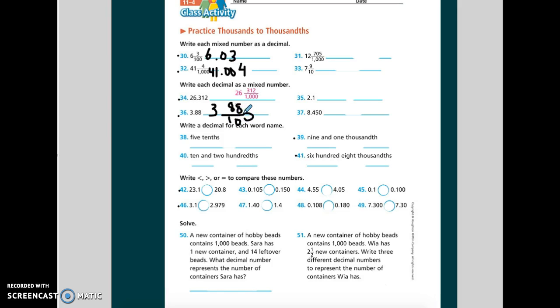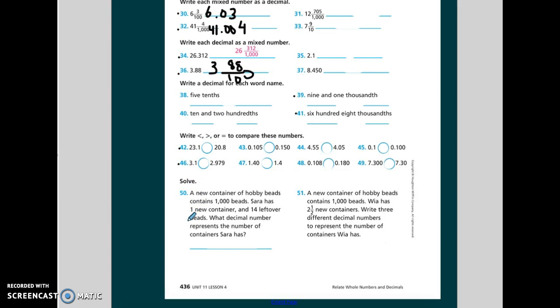All right. Then let's go down here and we're going to compare again. Now, these are starting to get more tricky. So again, the trick is to line them up very carefully and do your comparison. All right. And I have a couple different ones here. I'm going to try this one and this one. We'll do these together. So 23.1.